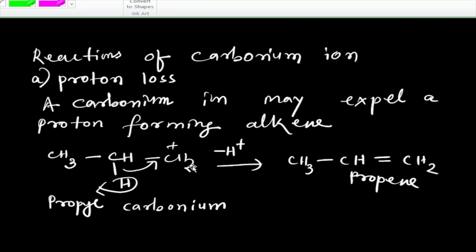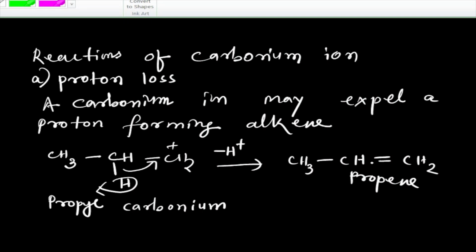That means here you can see what happens. The hydrogen atom comes outside and it changes to CH3, CH, CH2, and that hydrogen atom is expelled, because I told you a carbonium ion may expel a proton forming an alkene. Then this is now expelled, and only this pair of electrons comes to this bond and becomes a double bond.